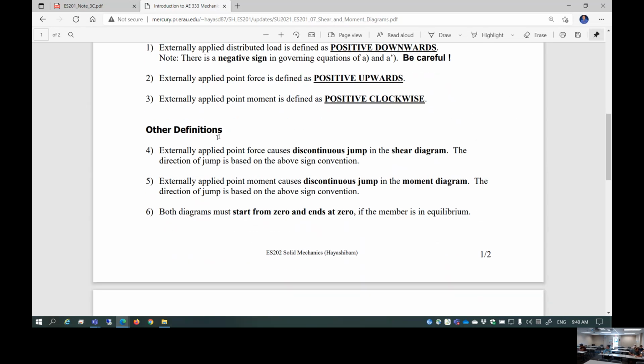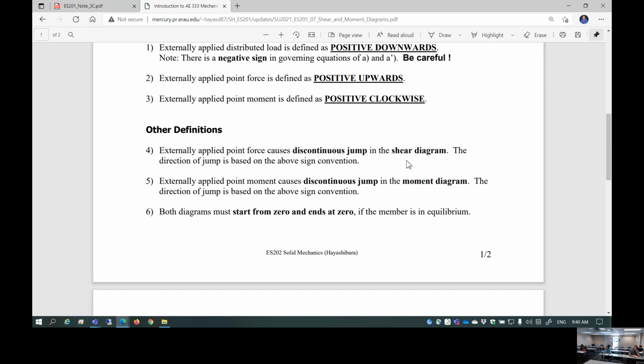Okay. And also, this is another important definition. Suppose you apply a point force. It is going to create a jump in the shear diagram with the amount you apply. So for the internal shear of the beam, suppose this is a beam, you apply a point force right here. If you draw a shear diagram, it is going to be this jump because you apply this much shear force.